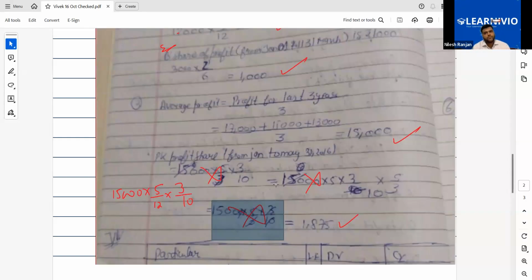With that I get it wrong. That time I got something else. This time I get something else. Calculate it first. Tell me the amount, then decide where you get it. With that I am getting 7,500. 1875.